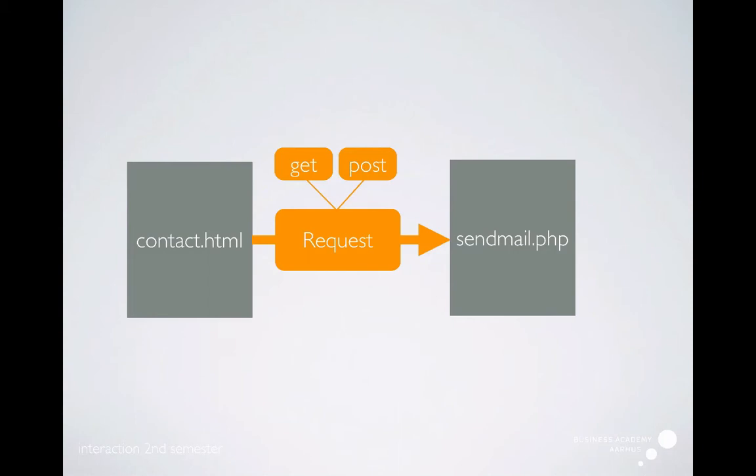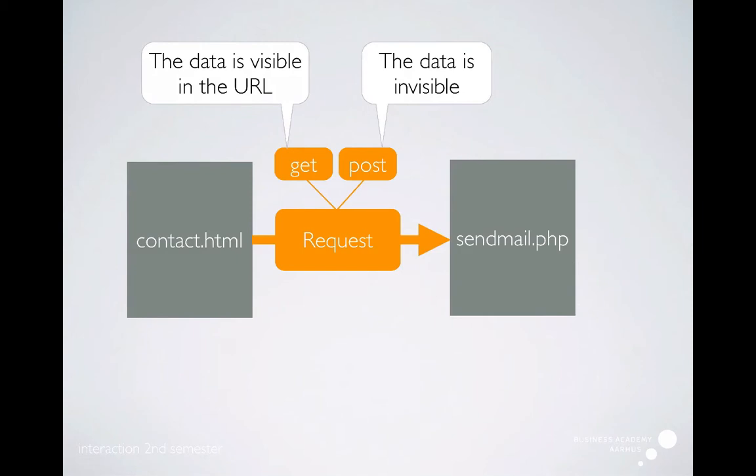The difference between these two is that the data is visible in the URL, that means in the address in the browser, when we use GET, and the data is invisible when we use POST.